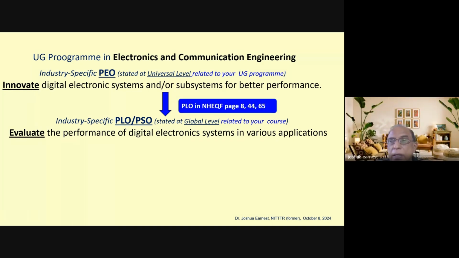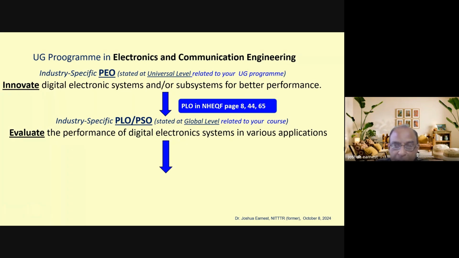Now, NHQF pages 8, 44 and 65 talk about PLO and not PSO, so I am using the word PLO here, and I think you should start using it, so that when the NBA team comes, you can say this is what NHQF talks about.